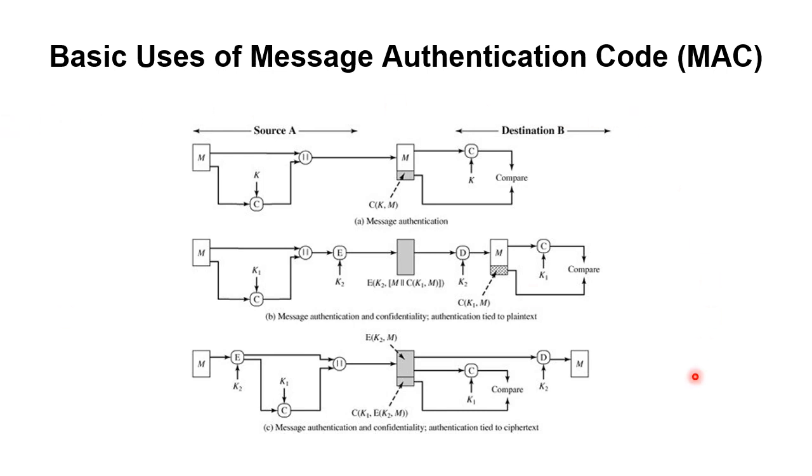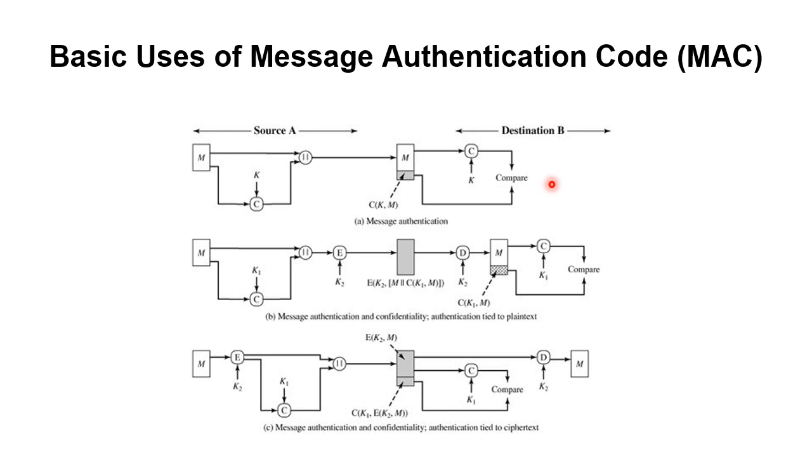Again, similar to message encryption, here three diagrams have been depicted to show how the MAC is used. When a message is sent, it goes to a MAC function, which uses a key and generates a MAC for that message, and it is appended to the original message and sent. The receiver does this to ensure authentication.